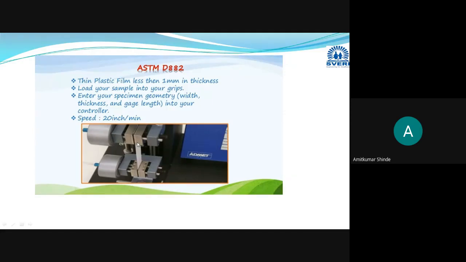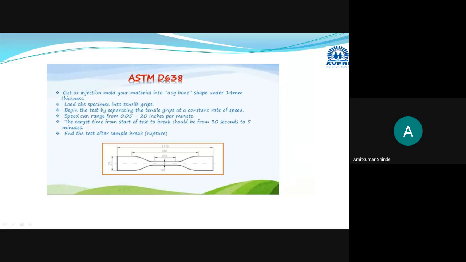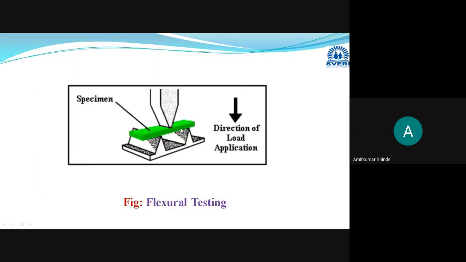These new machines are available in the market nowadays that you can use, and these will come under ASTM D882. If you are not able to remember this, don't write it. But you have to mention the standard, that is compulsory. Try to remember this, and the rest is for your extra information.